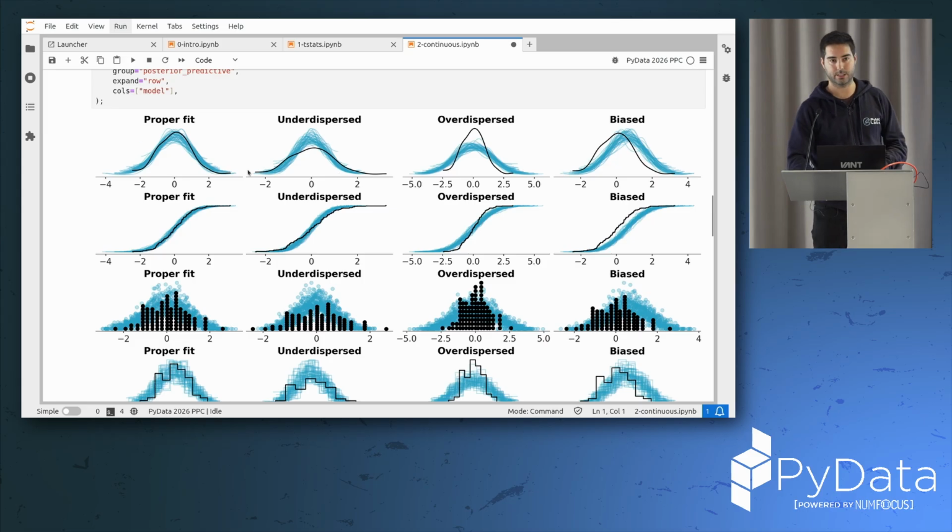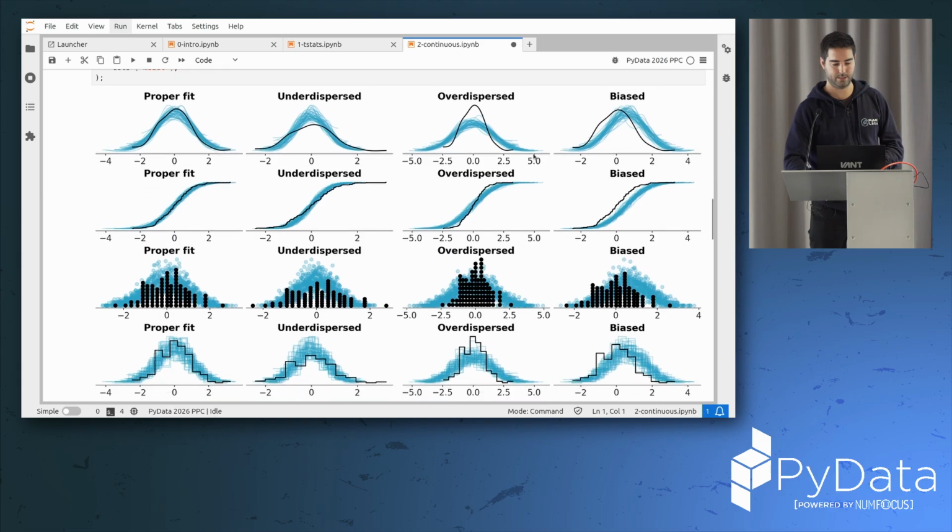So now you can see in black the under-dispersed, over-dispersed, biased. When you look at the empirical cumulative density function, you can see that it's flatter.